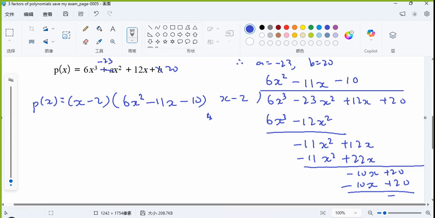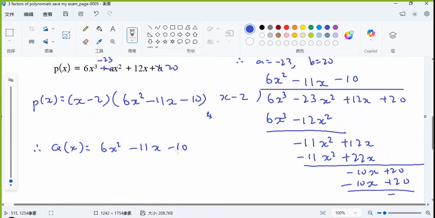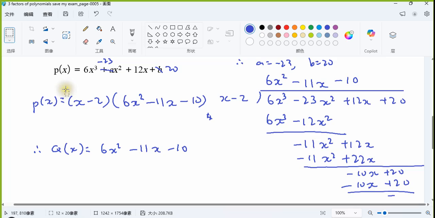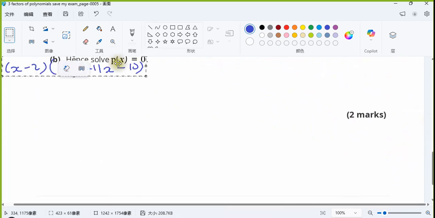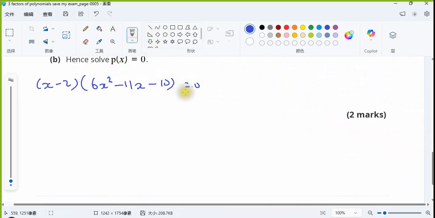So the q(x) is the 6x squared minus 11x minus 10. Hence, we want to solve p(x) equal to 0. So we will have this equal to 0. Then we do the factorization.